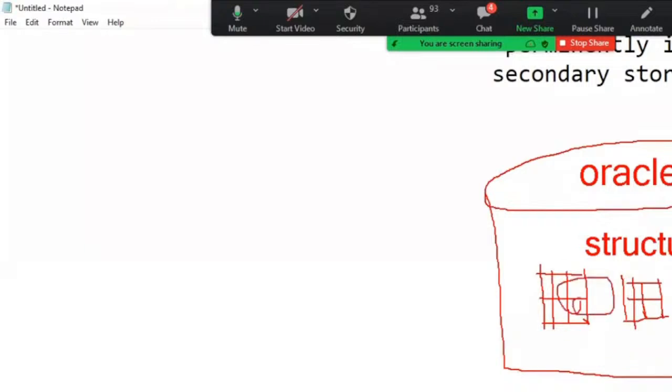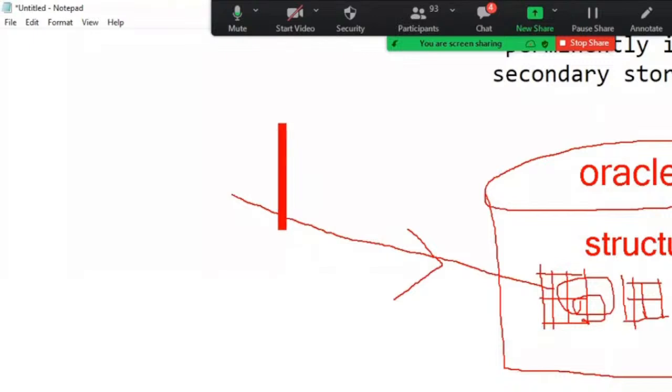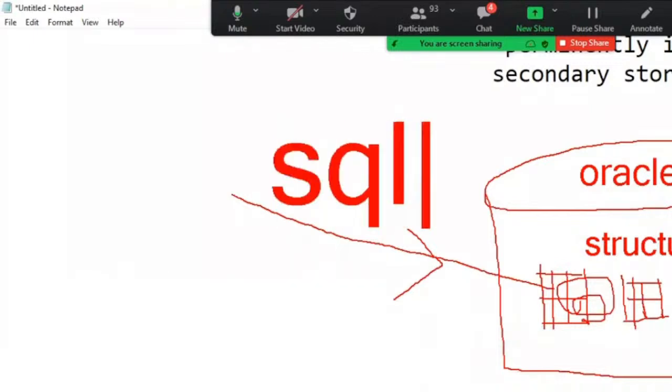Once a structured collection of data is there, to operate on this data some language is required. What is that language? Maybe anybody has an idea? SQL, structured query language. Through this language we operate on the structured data in relational databases.